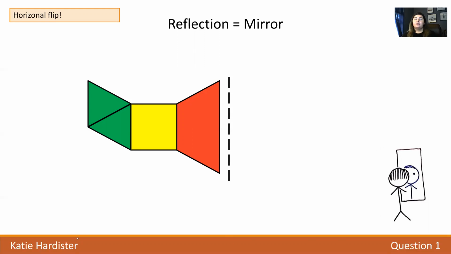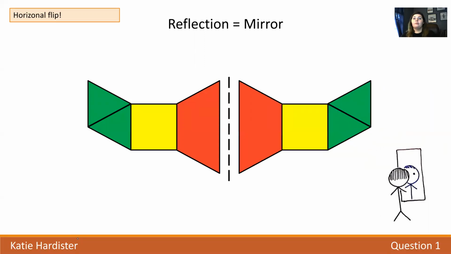If I was in an actual classroom, something we could do with our students is give them little mirrors, and we could give them shapes or have them make their own shapes and put them in the mirror. If I put this shape in the mirror, I would see the horizontal flip. So I just took the shape and crossed it over. This would be our x-axis.